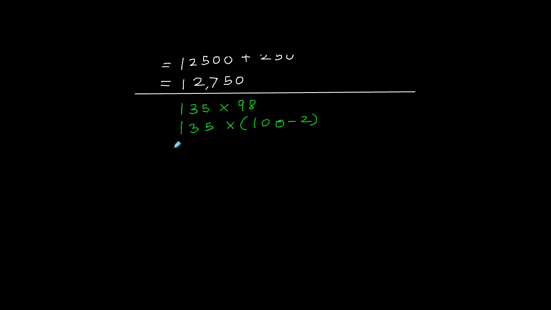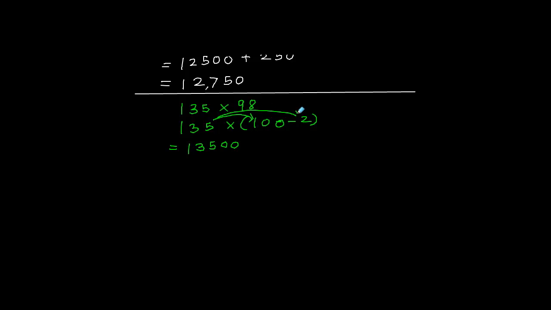Are you getting it? Now we can use a distributive law. 135 times 100 gives you 13500.